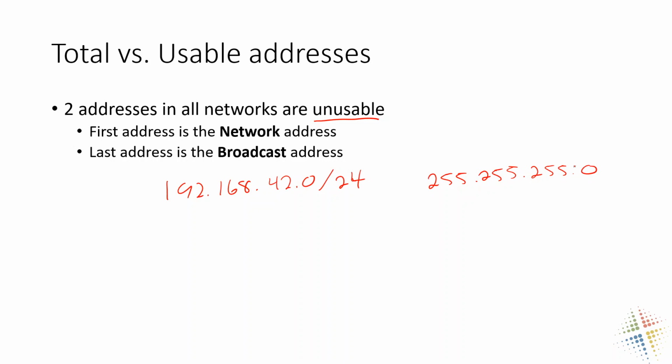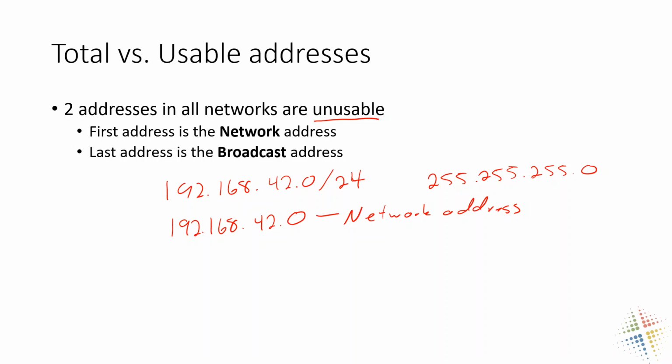Now the very first address here is in fact 192.168.42.0. That is my network address. And so as I'm documenting out my network diagrams, and I'm saying this network's over here, this network's over here, this is how I would refer to it.